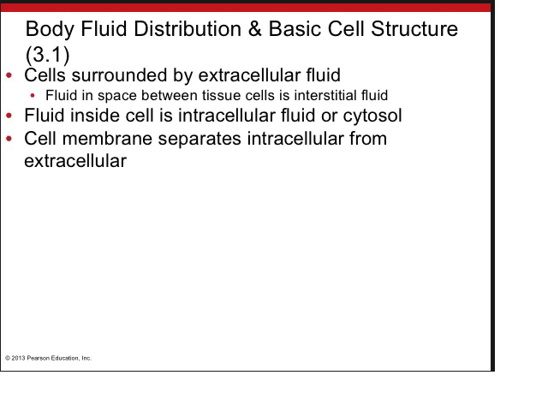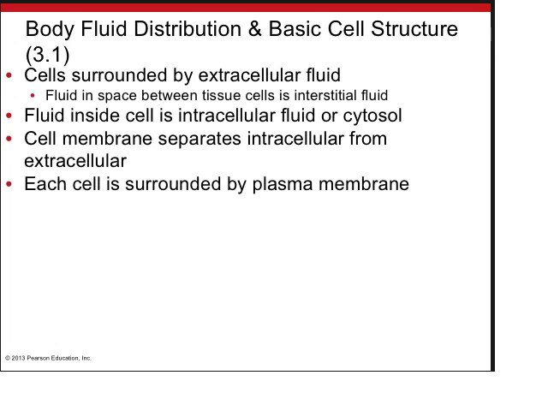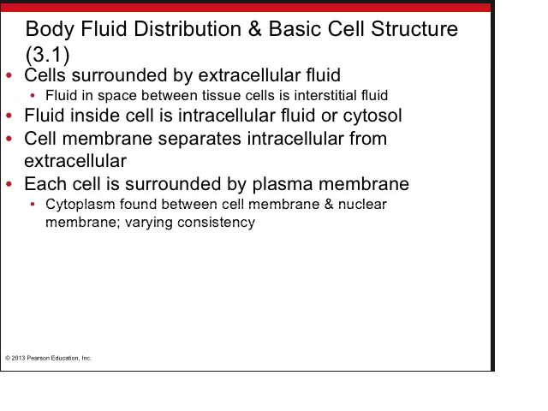The cell membrane forms a border around the living cell, and that keeps all the functioning parts of the cell in close physical proximity to each other. So that's one of the hidden properties of the cell membrane, is that it confines the cellular components to a specific physical space. Each cell is surrounded by this plasma membrane.